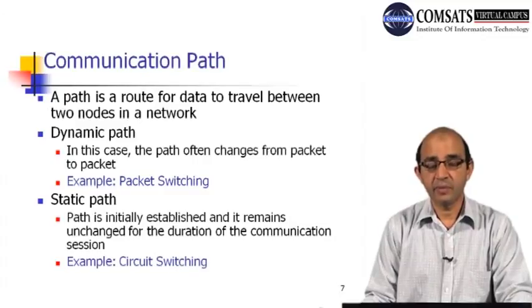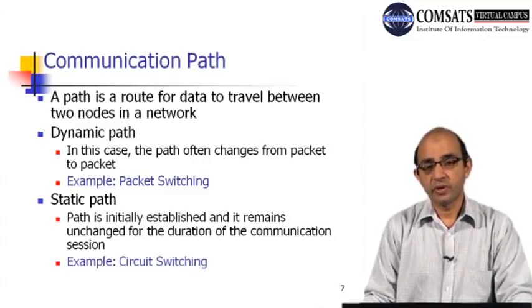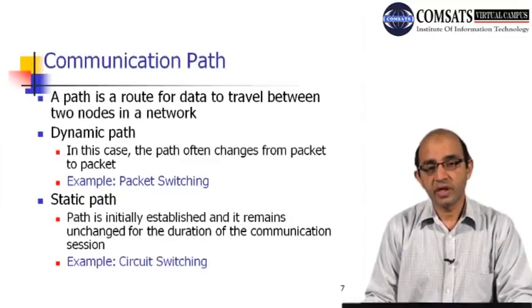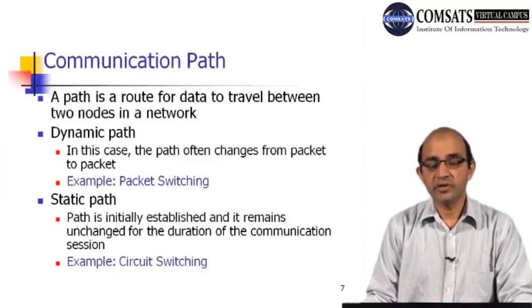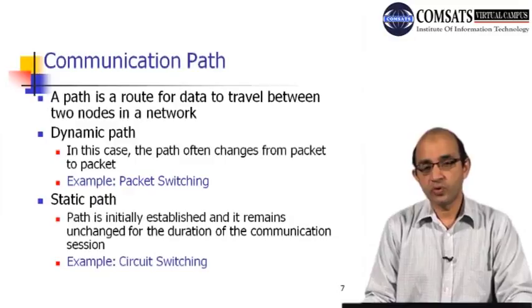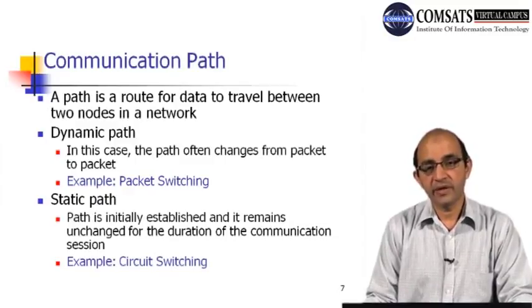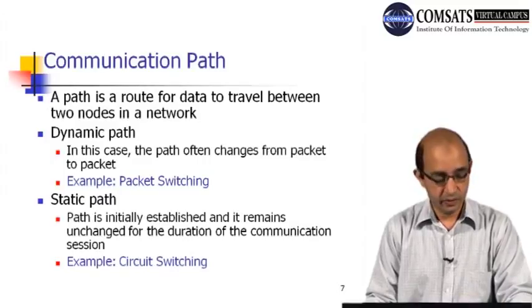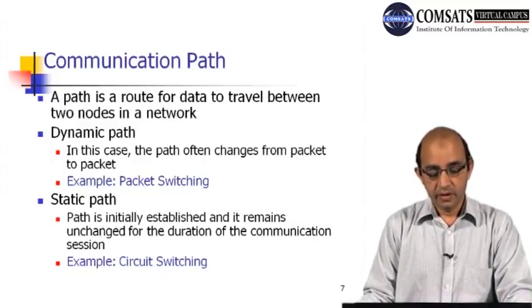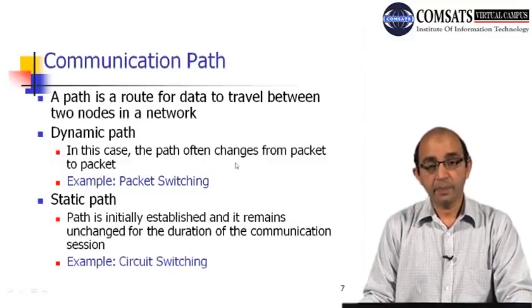Then we have a dynamic path whenever we talk about the routing of data over the internet. Each time you want to access a web page, there might be a different path for a different time. In case of a dynamic path, the path often changes from packet to packet.